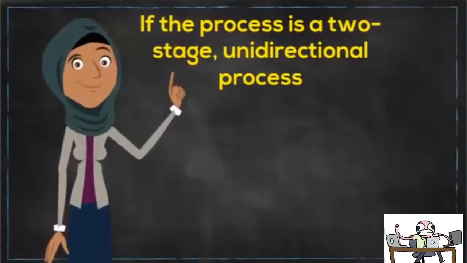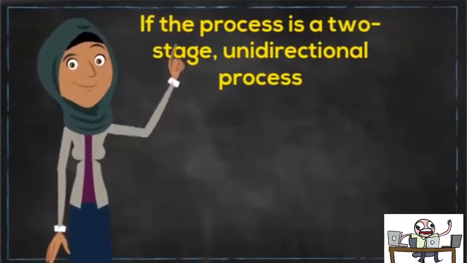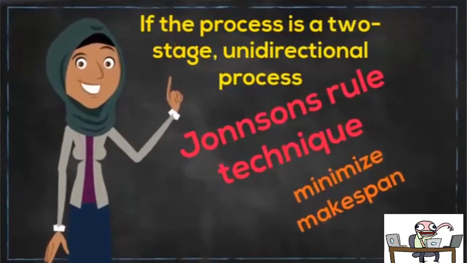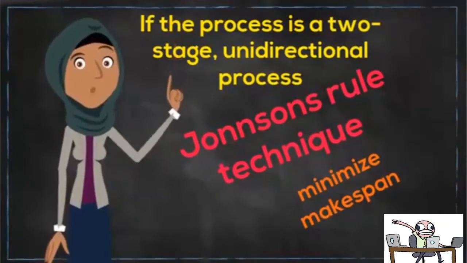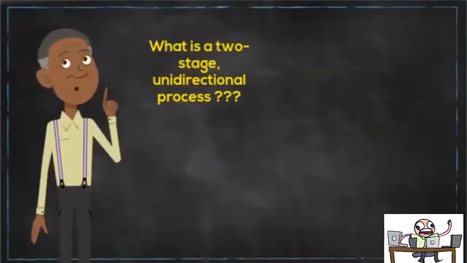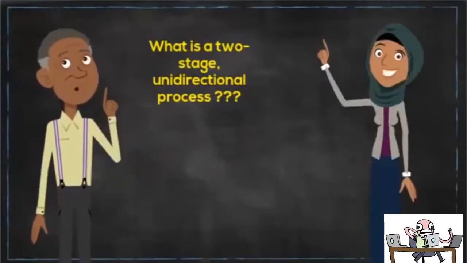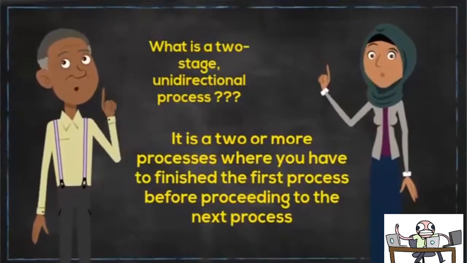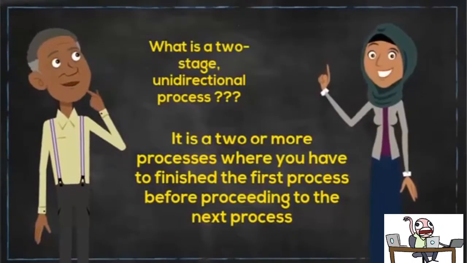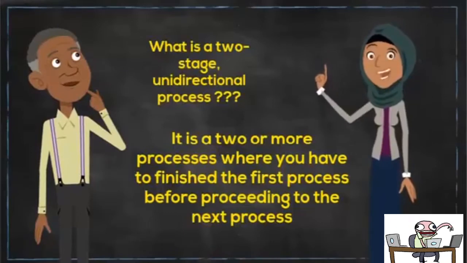If the process is a two-stage unidirectional process, then Johnson's rule technique is used to minimize the makespan of the process. What is a two-stage unidirectional process? It is two or more processes where you have to finish the first process before proceeding to the next process.